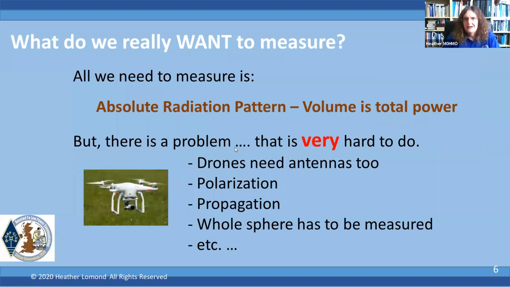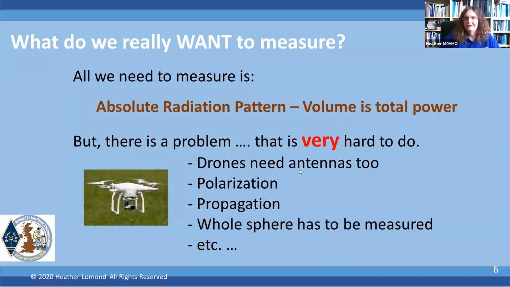What we really want to do when we're measuring an antenna is look at the absolute radiation pattern, which means going around sensing all the different polarities, the propagation, polarization with a drone around our antenna, and then we can tell exactly what's coming out and where it's going. Problem is, obviously, that is very difficult to do.